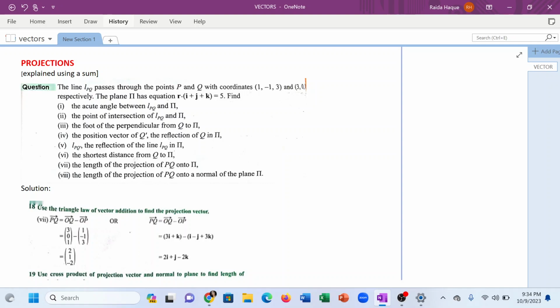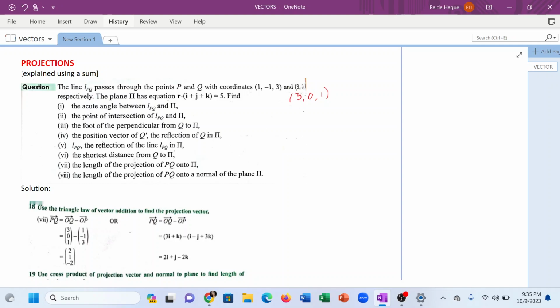So here we have a huge sum which states that the line PQ passes through the points P and Q with coordinates given, and Q's coordinates are not too visible, so I will write them again. The coordinates of Q are 3, 0, 1, right? And then the plane has the equation we are given.